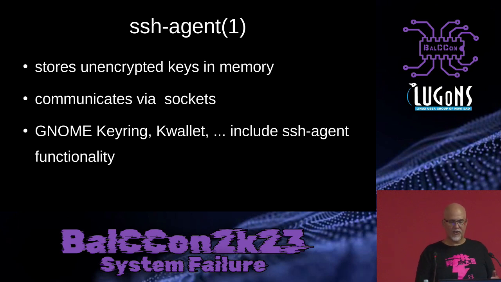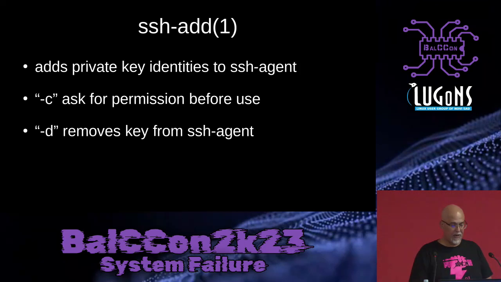So GNOME Keyring, KWallet, the Mac OS thingy, whatever it's called, implement this functionality, which for you as a user implies that either all your keys can automatically get unlocked by logging into the operating system, or, and this is what I'm going to show you, you have to add your key once to the SSH agent, and as long as your session is alive, you don't have to enter that passphrase again. SSH agent usually already runs, is set up for you, you don't have to do anything. You control it through ssh-add, that's the actual command you need. ssh-add has a few command line options. With -c, it can ask you for permission every time a program wants to access a certain key.